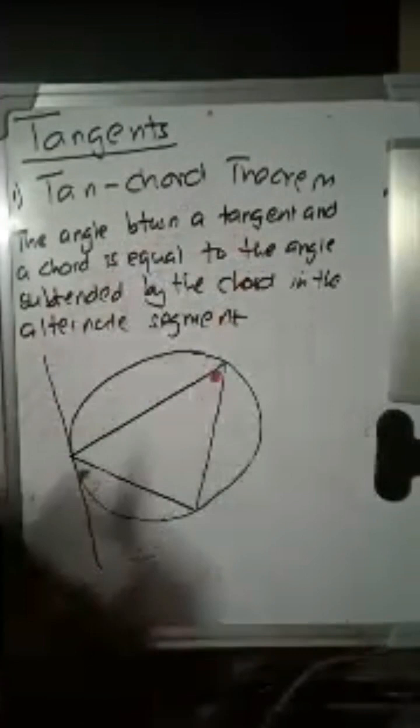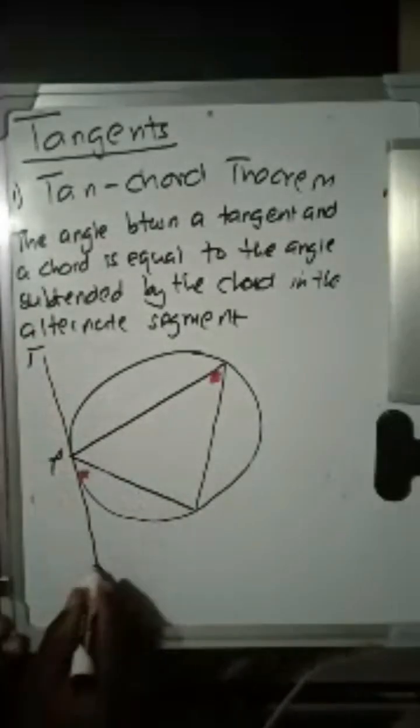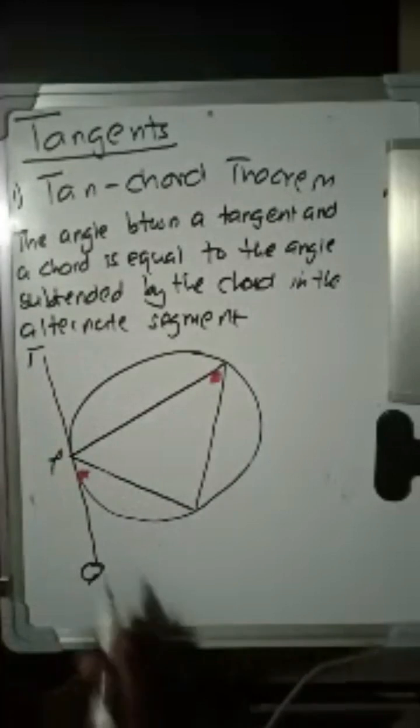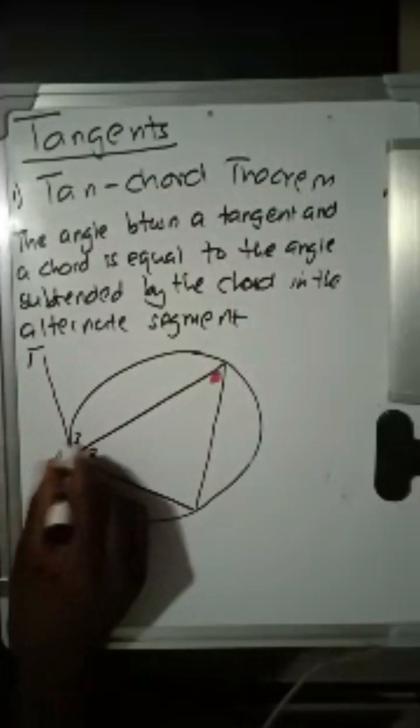So if I name it T, P, Q, then we have P1, that angle, P2, P3.